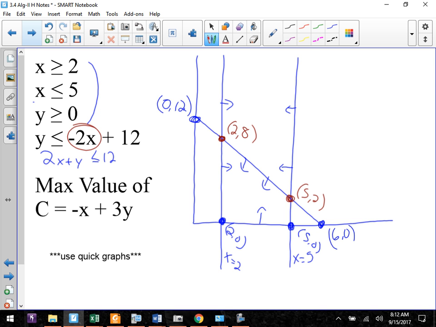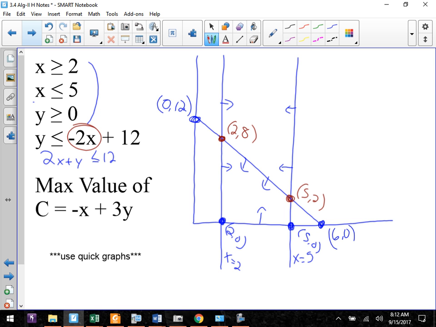So what we've done here, guys, is you have found the 4 points of inflection for these graphs. You've figured out that those are your boundaries of the constraints. Those boundary points are where your maximum and minimum values can occur.